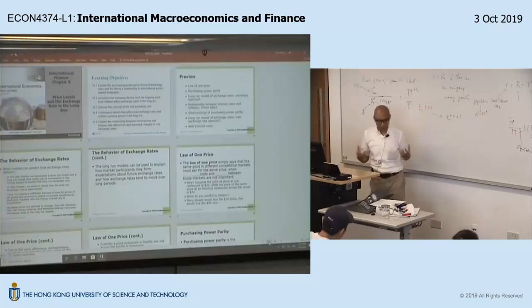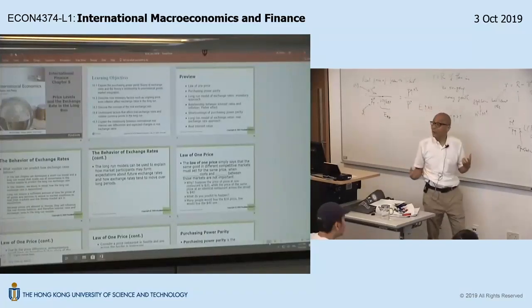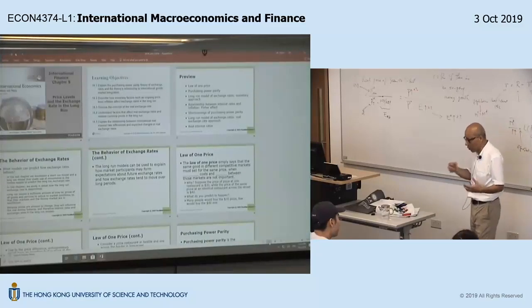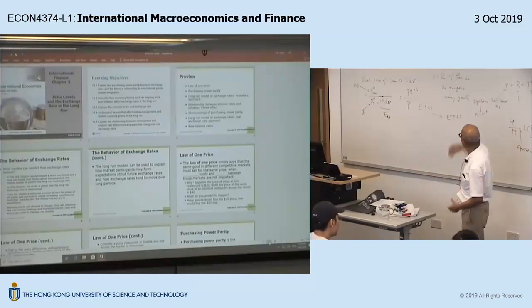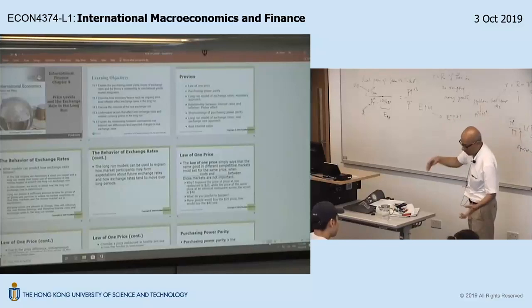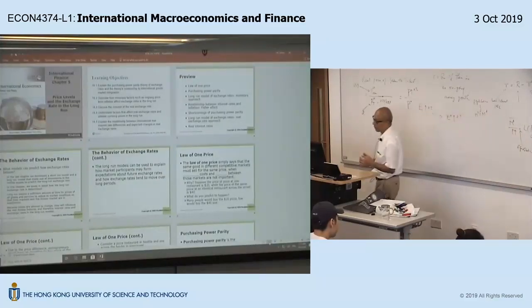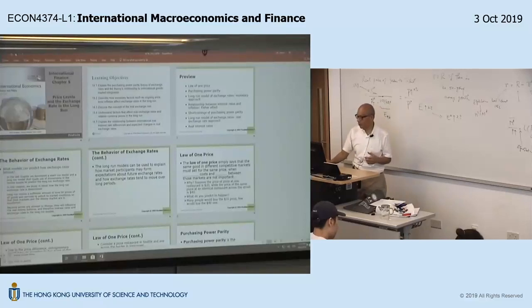We assume that the market participants are rational. They know all the information, so they know the model as well as anybody. So agents are rational. They have full information. Basically that's the idea here.